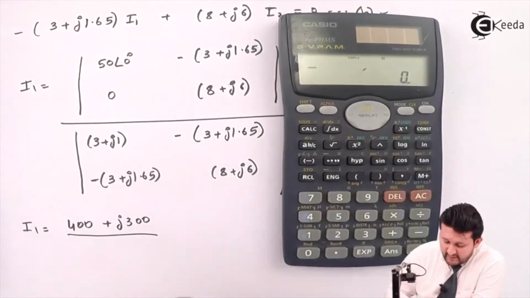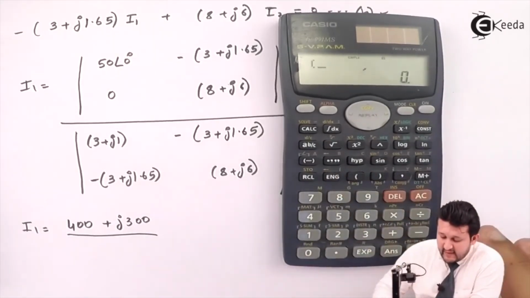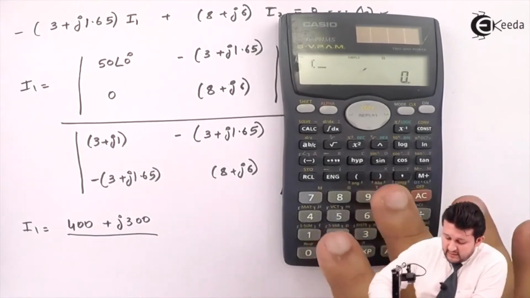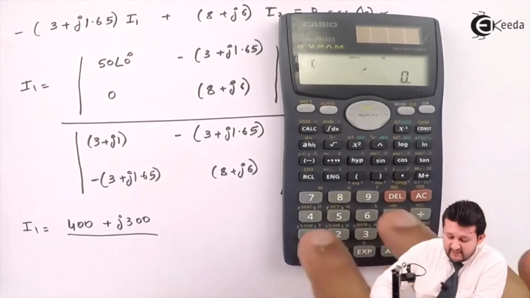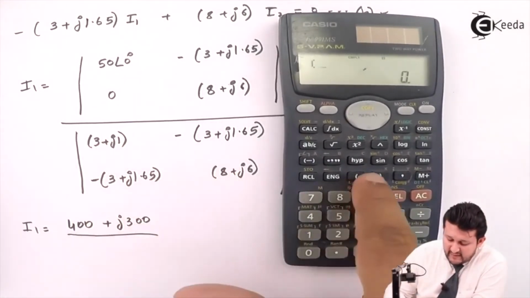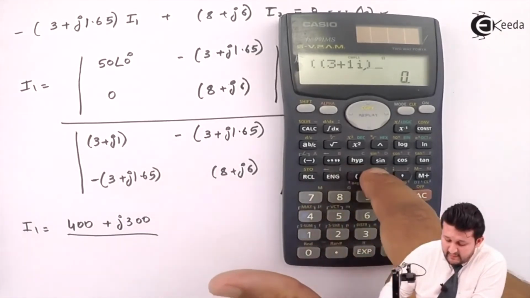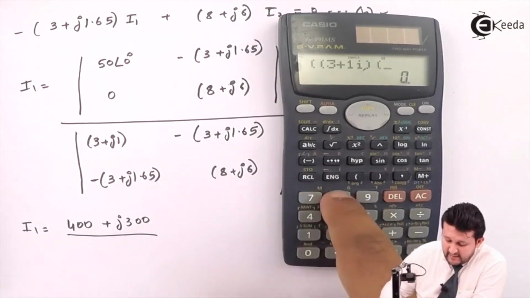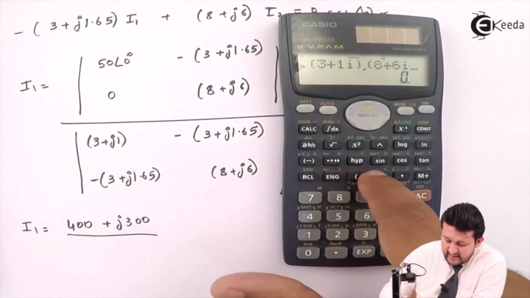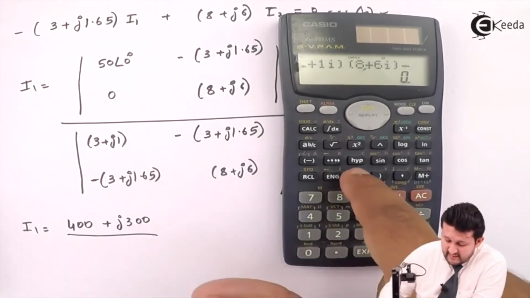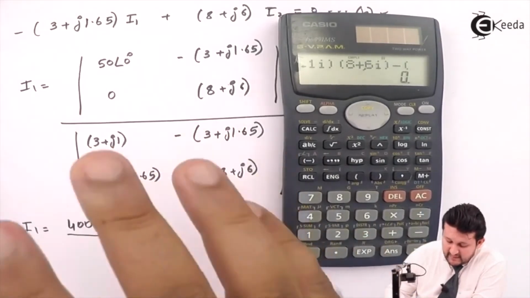Let's simplify the denominator, my dear friends. Bracket. This bracket is for the denominator. So now put a bracket for each and every term. You multiply this with this term. So the bracket is 3 plus 1 I, bracket close. Bracket, this will be 8 plus 6 I, bracket close, minus bracket, minus minus plus, so it is gone.